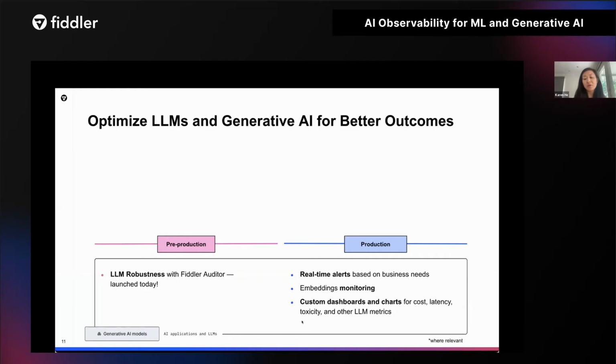As an example, the way we measure toxicity is that we use Hugging Face's methodology. Once ML teams analyze and get insights from these different LLM metrics in a dashboard, they create a continuous feedback loop for improved prompt engineering and LLM fine-tuning whenever that's relevant and needed.